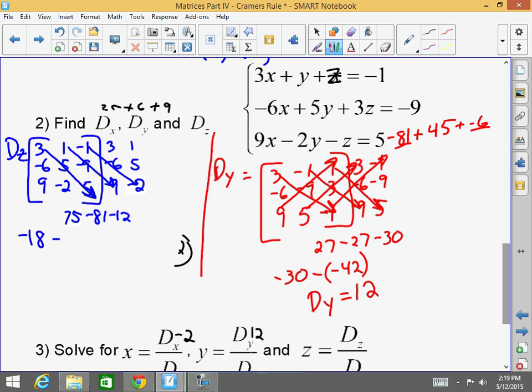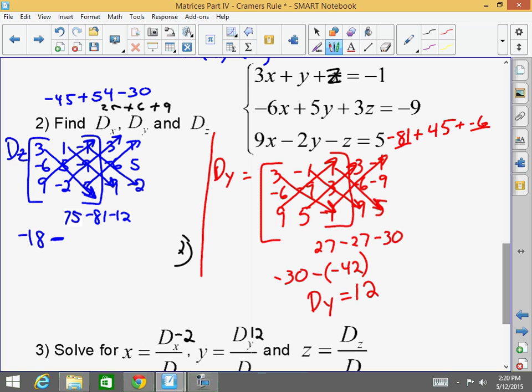Okay, minus, this is negative 45 plus, that's positive 18 times 3 is 54. And then that's negative 30 minus 30. So that's negative 75 plus 54, which I multiplied.